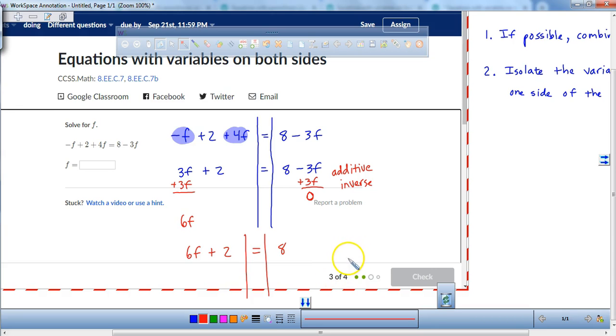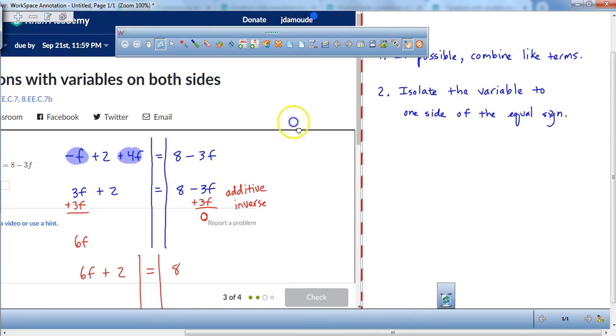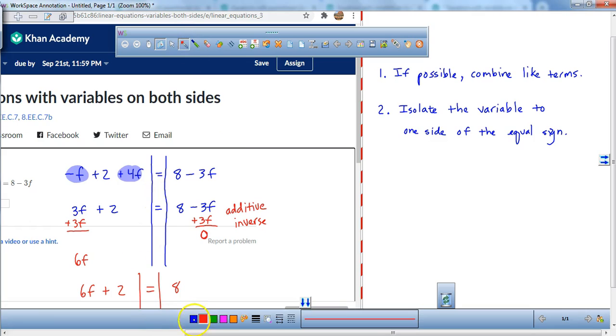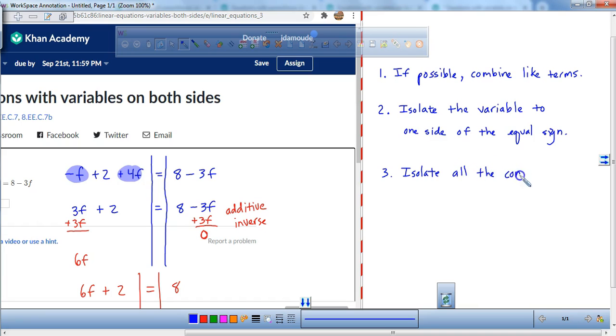So if I isolate the variable to one side of the equal sign, what I have to do now is isolate all the constants to the other side.